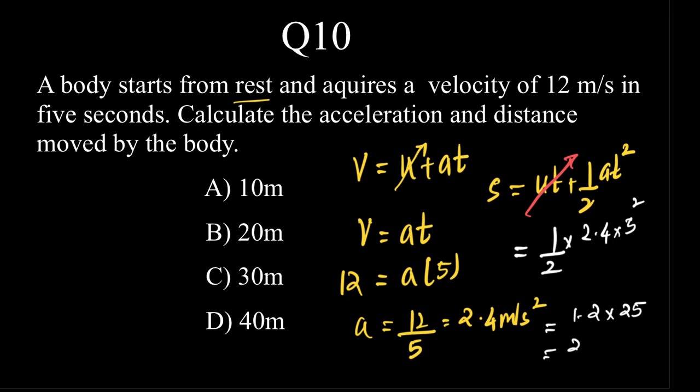Let's do the calculation directly. So 25 into 12: 25 into 10 is 250, plus 25 into 2 is 50. 250 plus 50 is 300. With one decimal point, that is 30. So the correct option is option C, 30 meters.